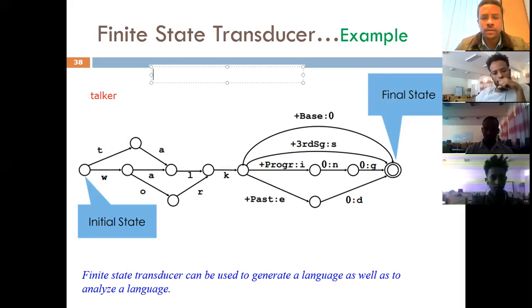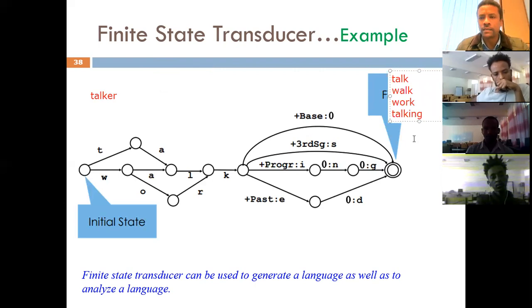Talk, walk, and work. Is that all? What else do we have? Talking.